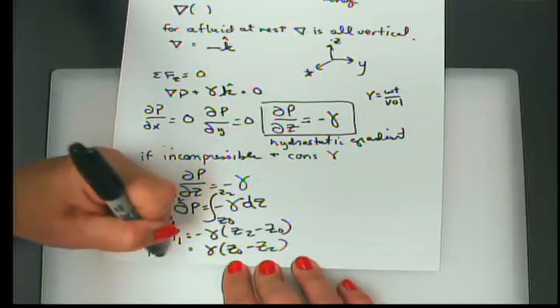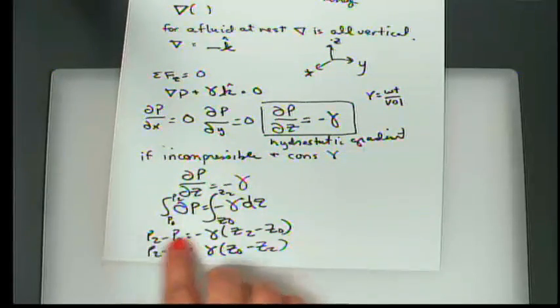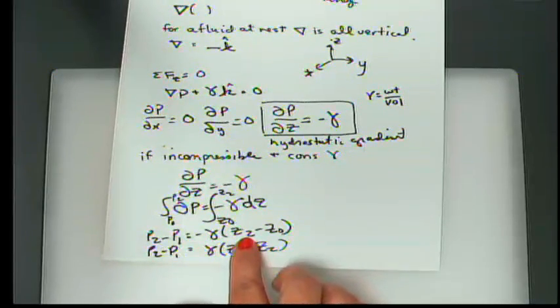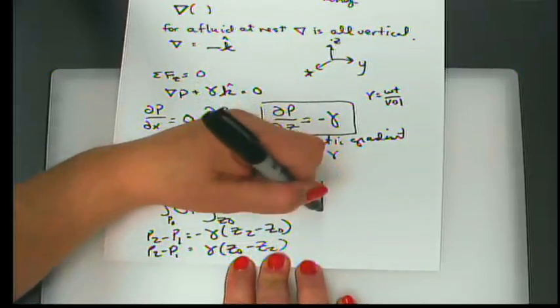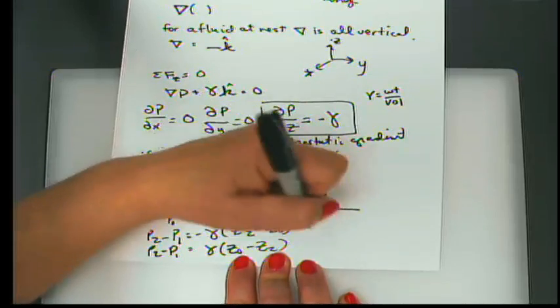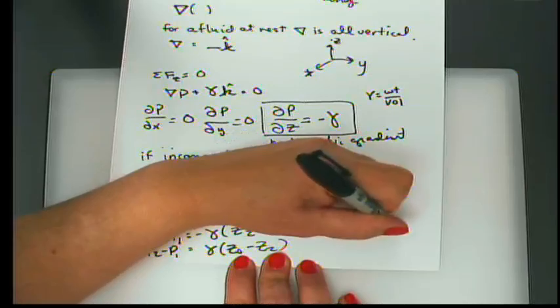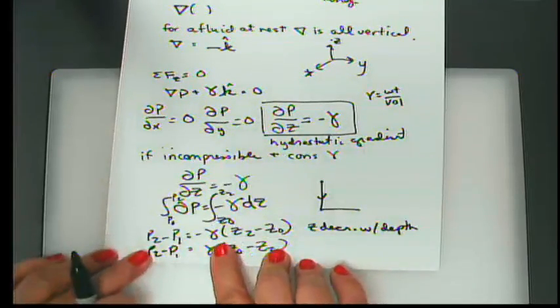The only thing that's really important to notice about the sign convention is that as depth increases, well, if you think about this, as depth increases, what happens to z? Z decreases, doesn't it? So z decreases with depth. So the minus sign is really just a function of the coordinate system.